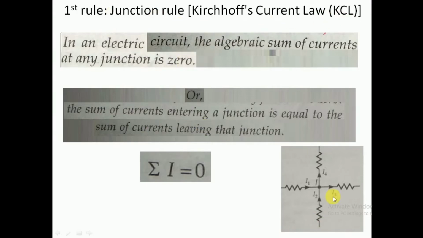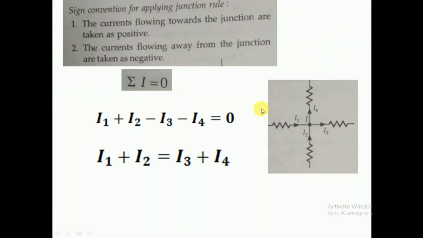This law says that at a junction the algebraic sum of all the currents is 0, meaning if you add all the currents taking the sign, you'll get 0 current at the junction. Or in simple words, the sum of currents entering the junction is equal to the sum of currents leaving the junction. As you can see out here, this is a junction.